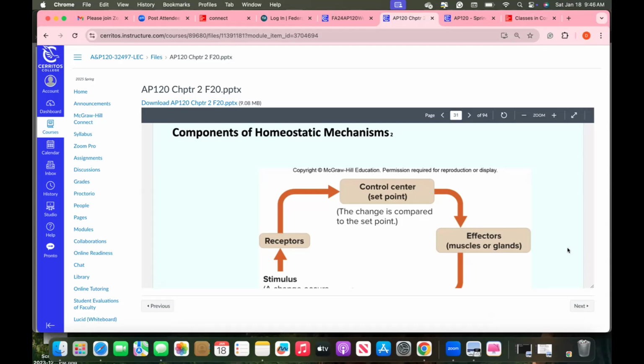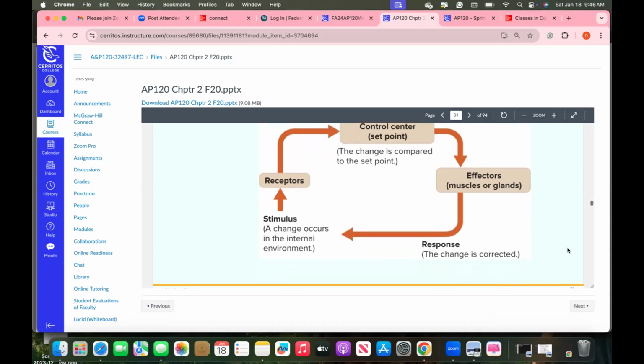Scroll up so we can see the rest of it. Okay, so then there's a change, there's a response that happens, and then it's corrected until another stimulus comes that stimulates the receptors, and then the receptors send a message to the control center.